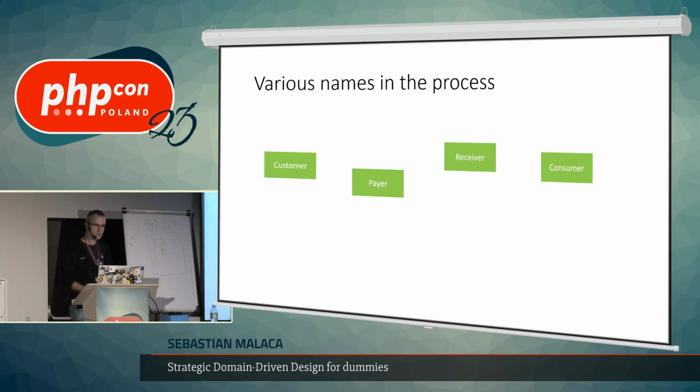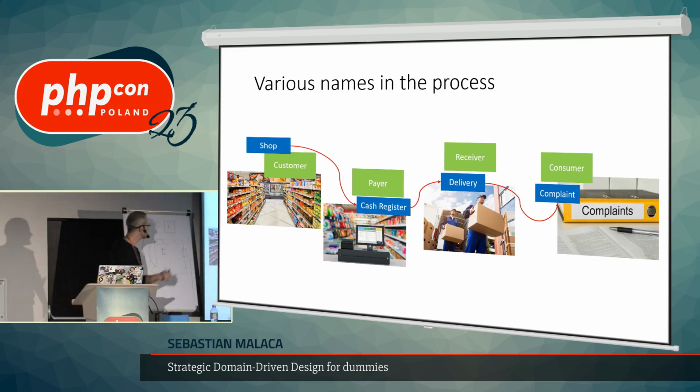And I think the last, if I remember correctly, various names in the process. Sometimes we've got a long process, and during that process, Sebastian has got different names. So when I'm entering the shop, I'm a customer. I'm picking something, I'm putting that to the cart. When I'm going to the cash register, I'm a payer. I need to pay the money. Okay, if I bought products that will be delivered to me, then in the context of delivery, I'm a receiver.